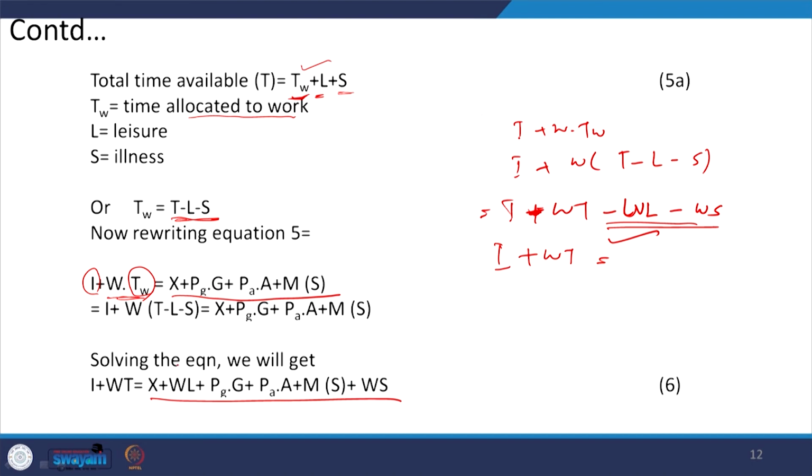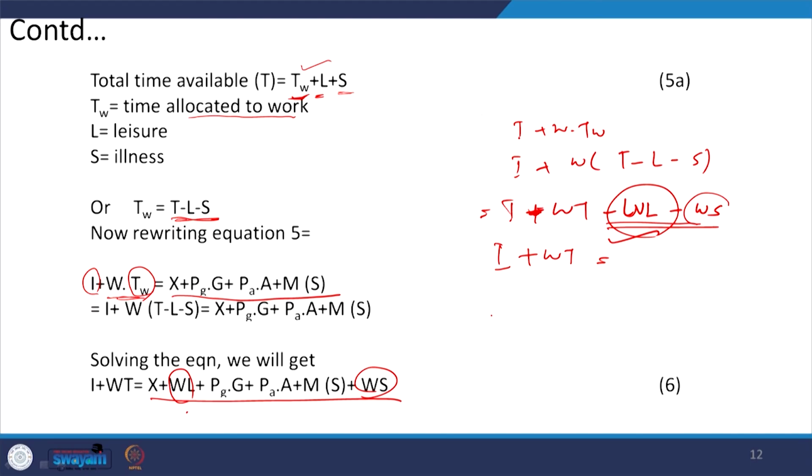After this we can see the right hand side. This is X plus WT on the left hand side, WL is coming to the right hand side, along with PG into G, PA into A, and MS plus WS from here. We can just solve these equations. By doing this exercise you can find out the averting expenditure.